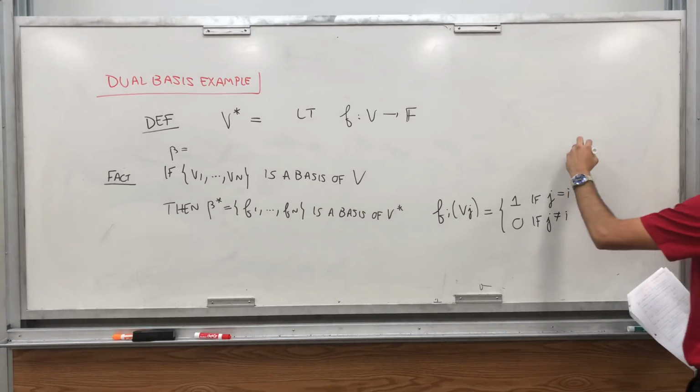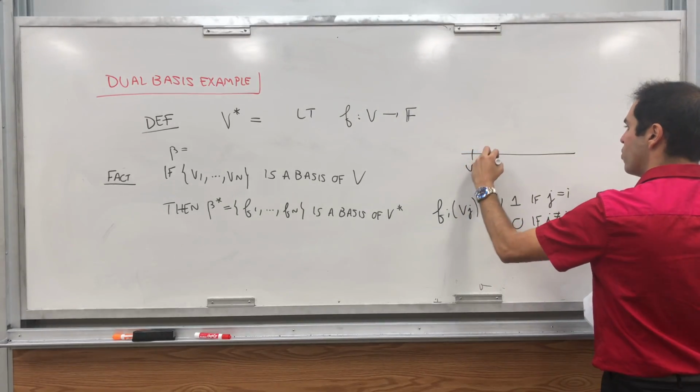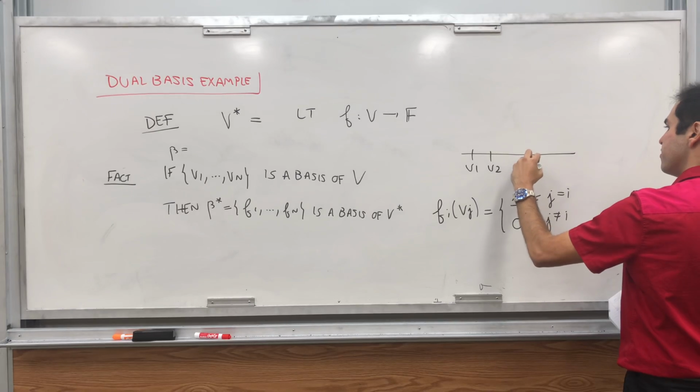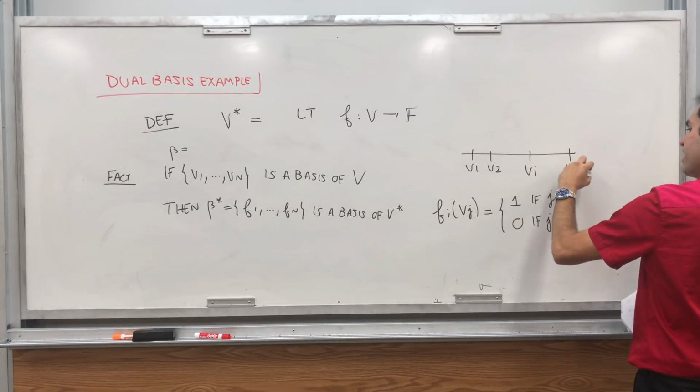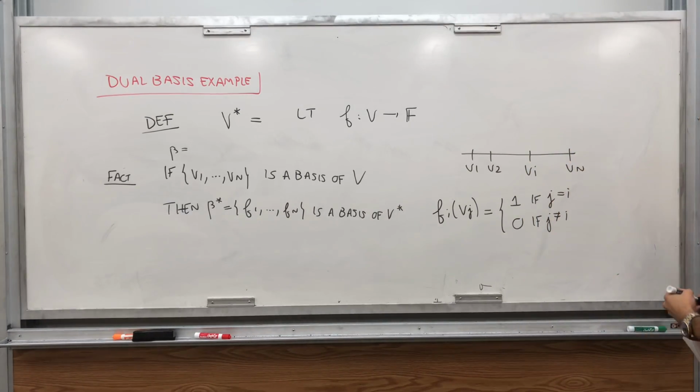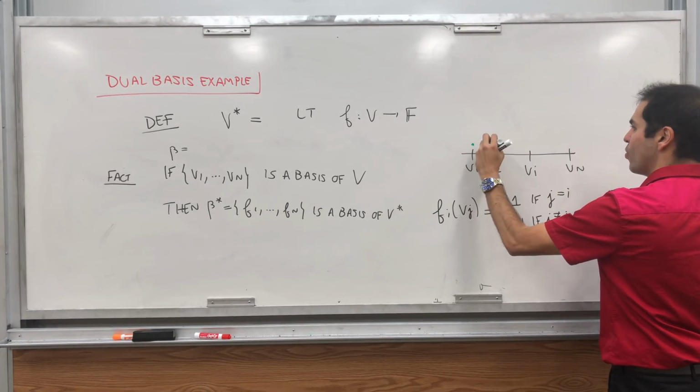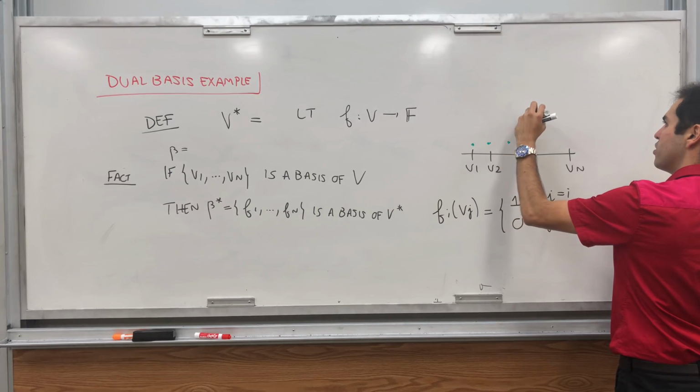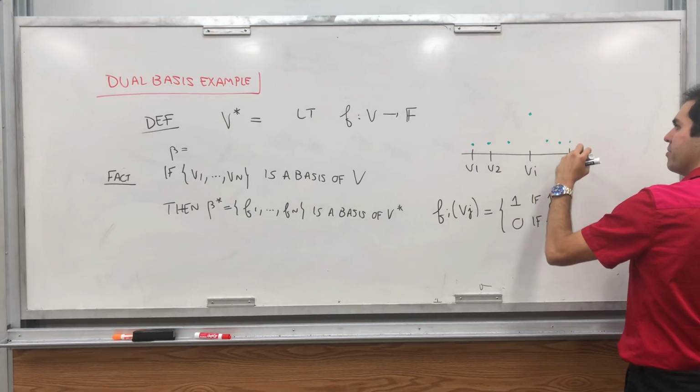In terms of graphs, if this is v1, v2, up to vi, and then vn, then fi is 0 everywhere, except at vi, where it's 1. So 0, 0, 0, 1, 0, 0, 0.